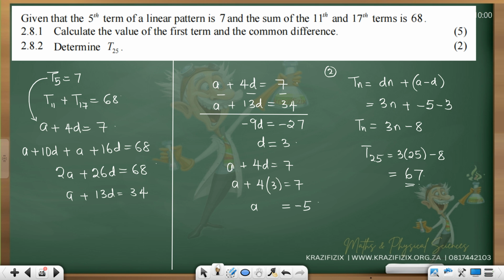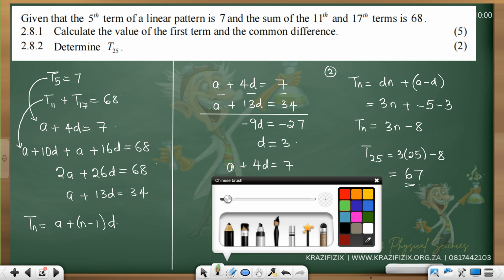It equals 7. So from the first term, we add 4 differences to get to the fifth term, right? Just use this formula and let that be at the back of your mind. Yes, from the first term we add 4 differences. That's what it means.